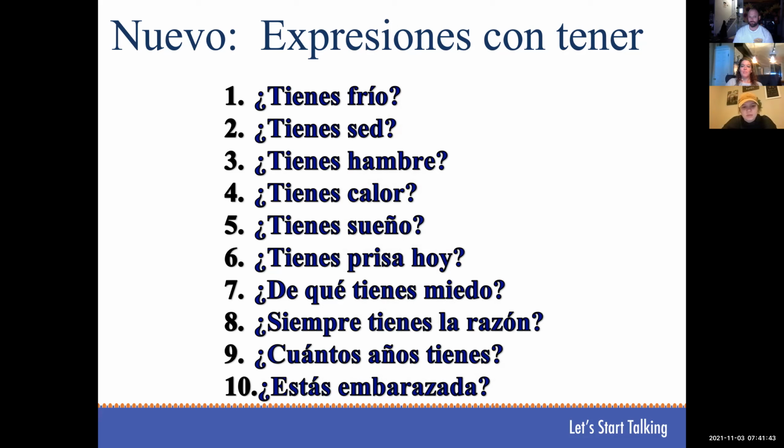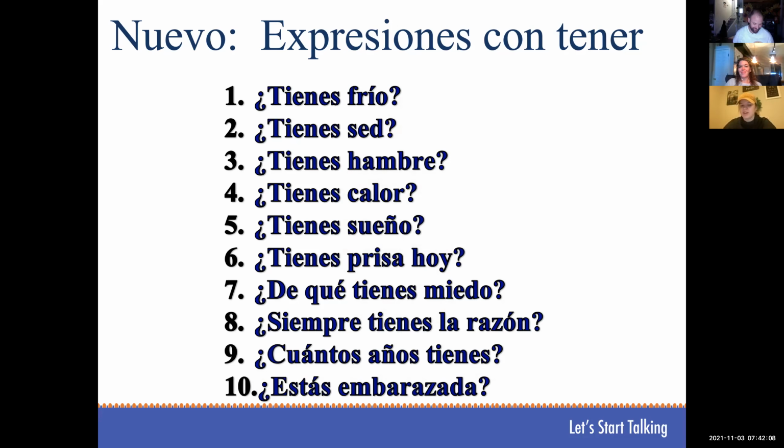¿De qué tienes miedo? Is this scared again? Yeah, what are you scared of? Oh, okay. So what am I scared of? So it would be tengo miedo de, ¿cómo se dice spiders en español? De las arañas.